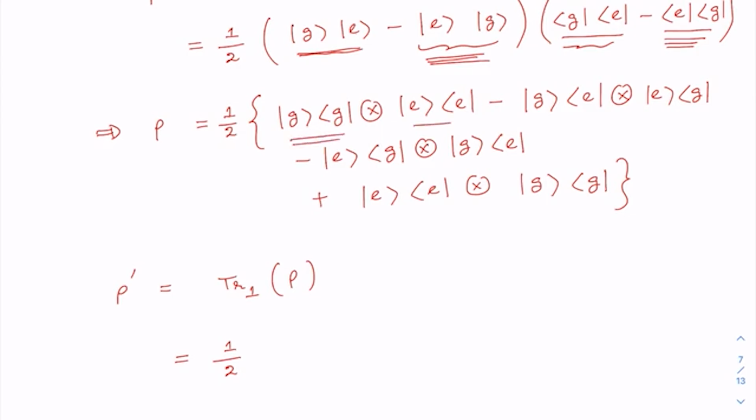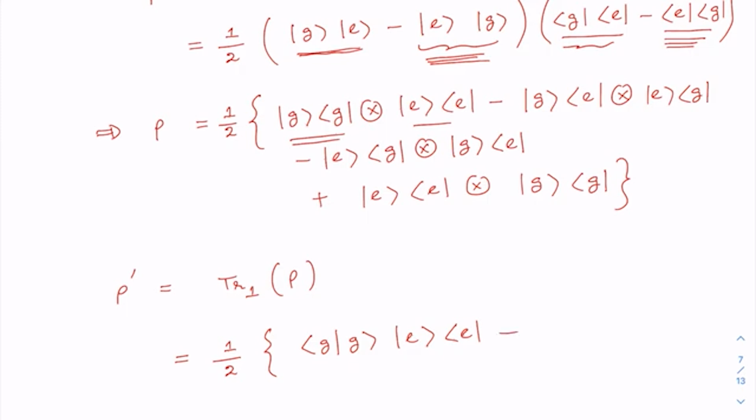So if I take the first system here, this direct product would now become a scalar product like this, and here I'll have the second system, |e⟩⟨e|.